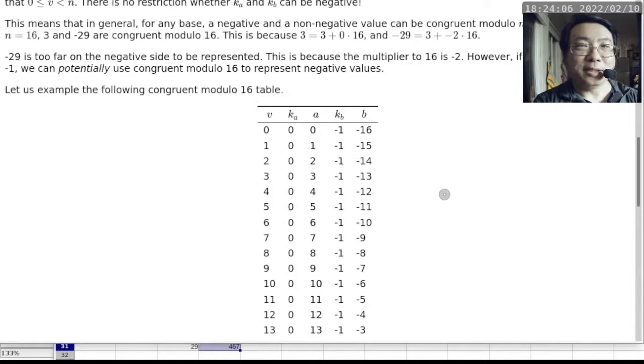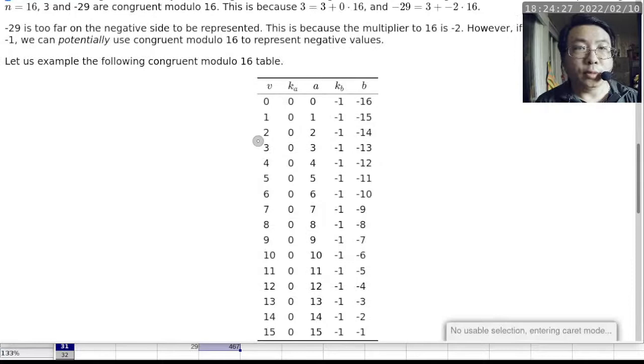So let's go ahead and take a look at this table here. Okay, so we are looking at n being 16. V is, remember, quote unquote the core value that we want to represent, and it has to go from 0, including 0 itself, up to n minus 1. In this case, it's up to 15.